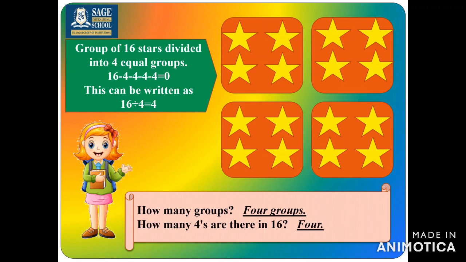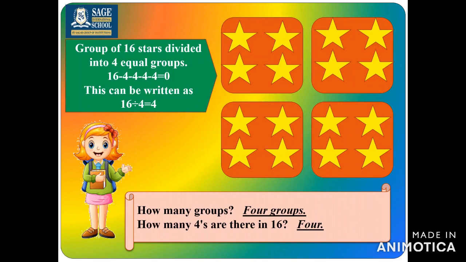Children, you all know that division means repeated subtraction. Now when we group 16 stars into 4 equal groups, we need to subtract 4 repeatedly. So how many groups did we form? We formed 4 groups. And how many 4s are there in 16?